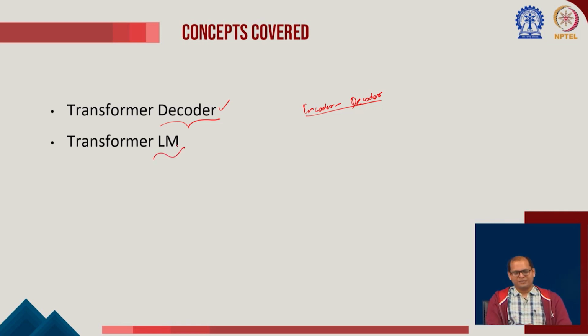If we do these two, it generally completes the discussion of the transformer as an architecture, like RNNs. Like we could do with RNNs, we could encode sequences, we could do language modeling, we could do encoder-decoder. So we could do the same with transformers. So we will discuss what the decoder is and what the language modeling paradigm with transformers is.